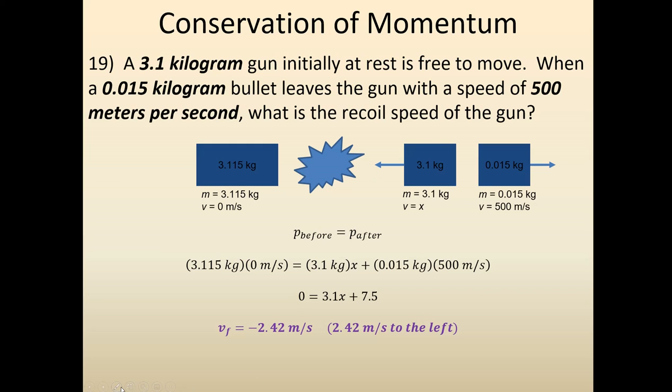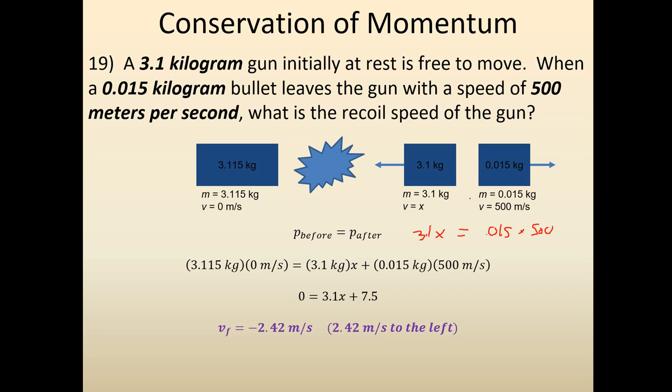Now, one thing to note, because you're most likely going to see a question like this as a multiple choice question, definitely very common. If you're not expected to show work, then one way that you can make this process a lot quicker is realizing that the momentum of this object, which we already said was 3.1 times x, is always going to be equal to the momentum of this object, 0.015 times 500.